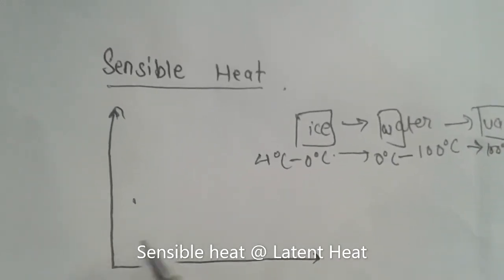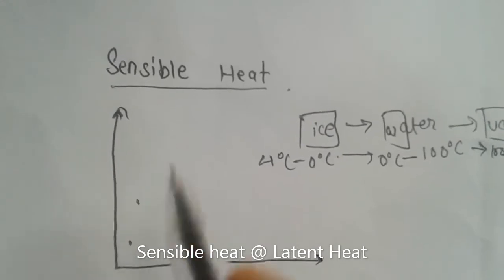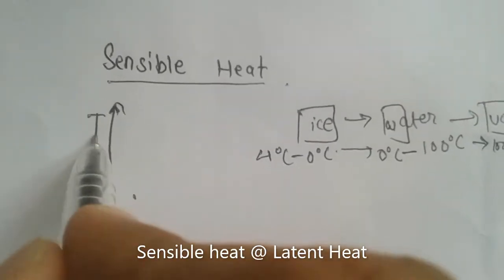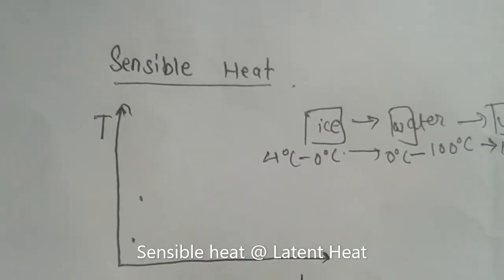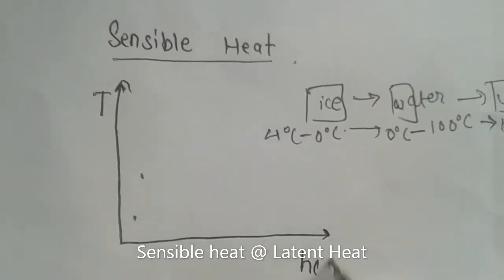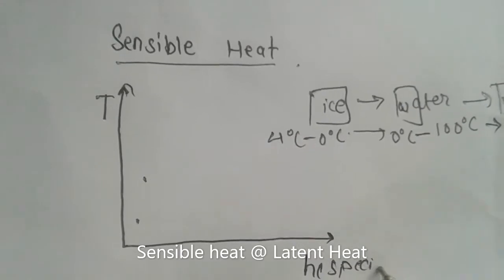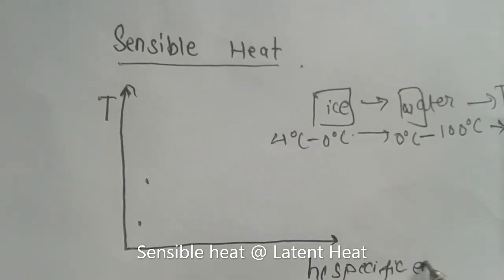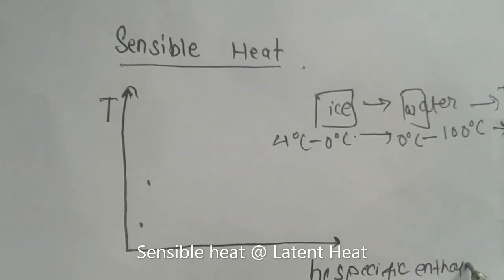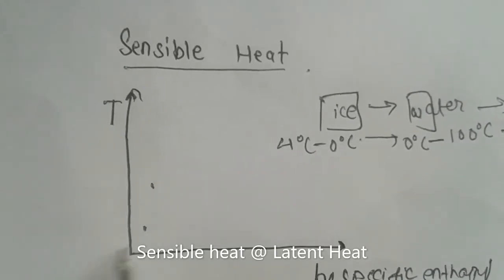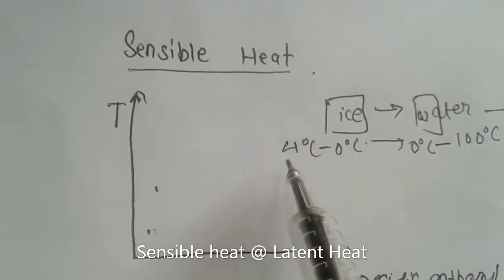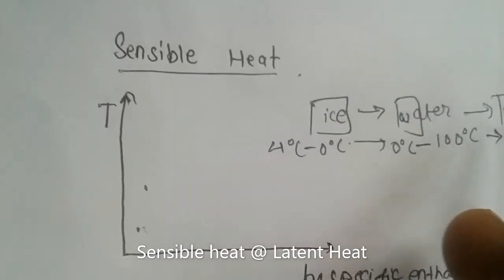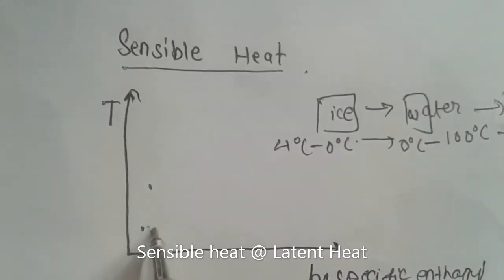Then what happens? This is the temperature-enthalpy curve, the specific enthalpy curve. This is specific enthalpy. Then what happens when we heat ice at 4 degrees Celsius to make it steam?